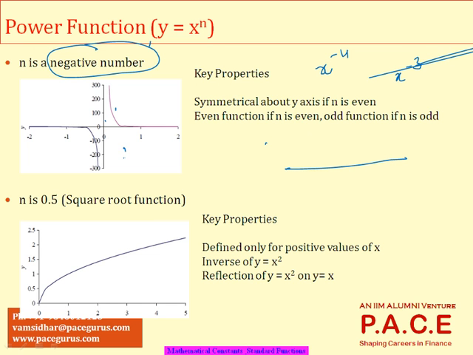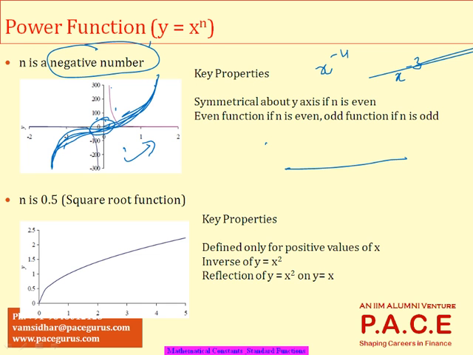This is typical x to the power of minus 3, especially when we are talking about n being positive, we got x to the power of minus 3 more like this. So positive odd number means we see that it is continuous like this and cutting at x equal to 0.